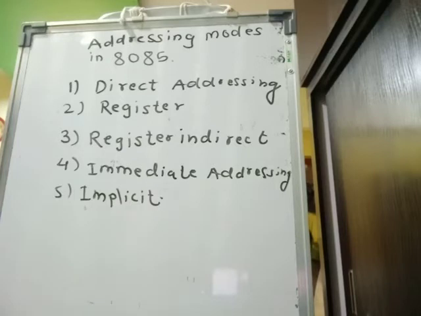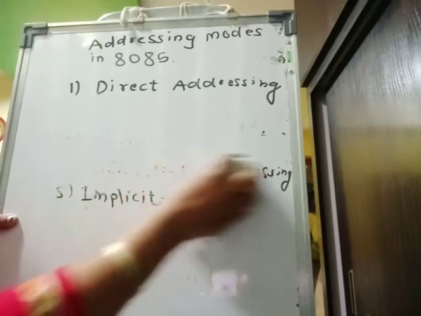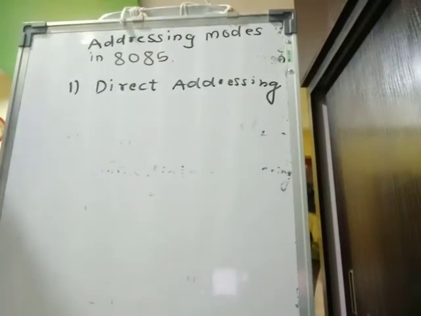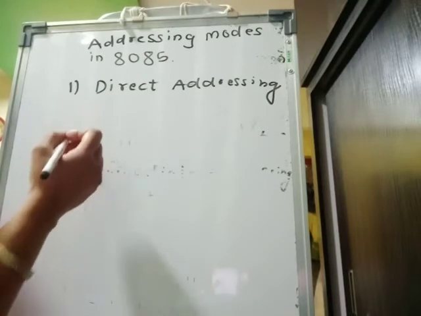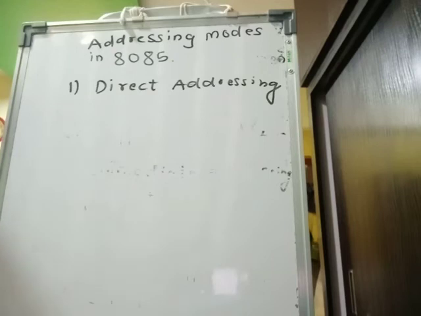First we'll see direct addressing. In this addressing mode, the address of the operand is specified within the instruction itself. So here we don't require another register to load the data, or any other address to load your data.